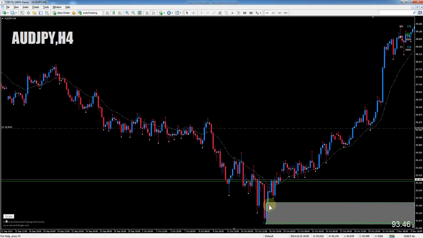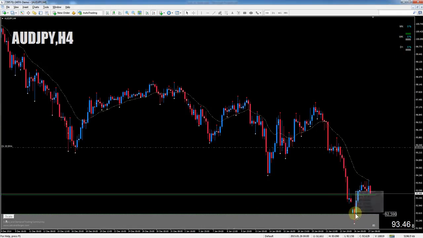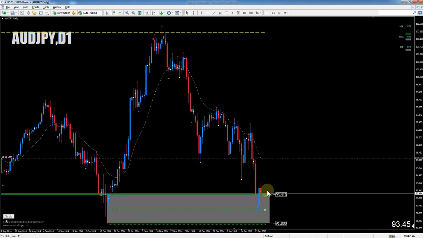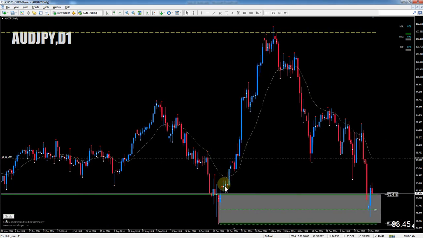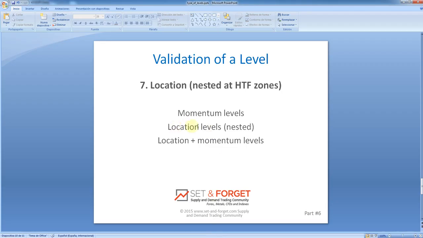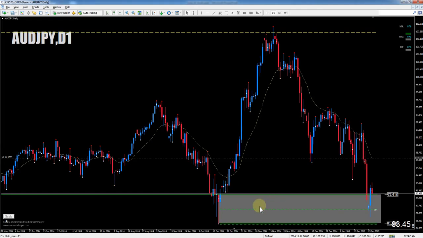It is a nested 4-hour area of demand at a daily area of demand at a weekly area of demand. Price dropped down there and then rallied from there, now reacting over there. So you have to take into account all of that, so that this level in the 4-hour will be a well located level. Why? Because it is nested within higher time frame areas of supply and demand, in this case, demand.